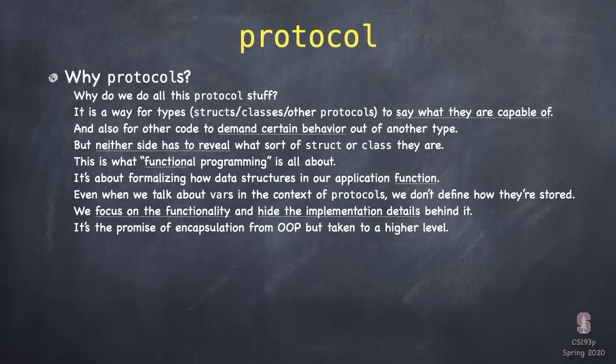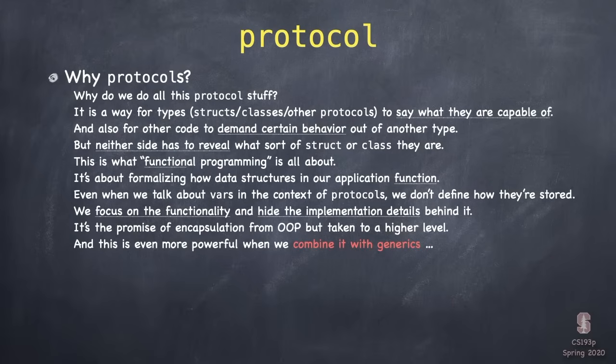We just talk about whether they're read-only or read-write. And through all this, we focus on the functionality. We're hiding the implementation details. It's kind of the ultimate promise of encapsulation from object-oriented programming, but it's really taken to a higher level because it doesn't mix it inexorably with the data and all that. It's just talking about the functionality.